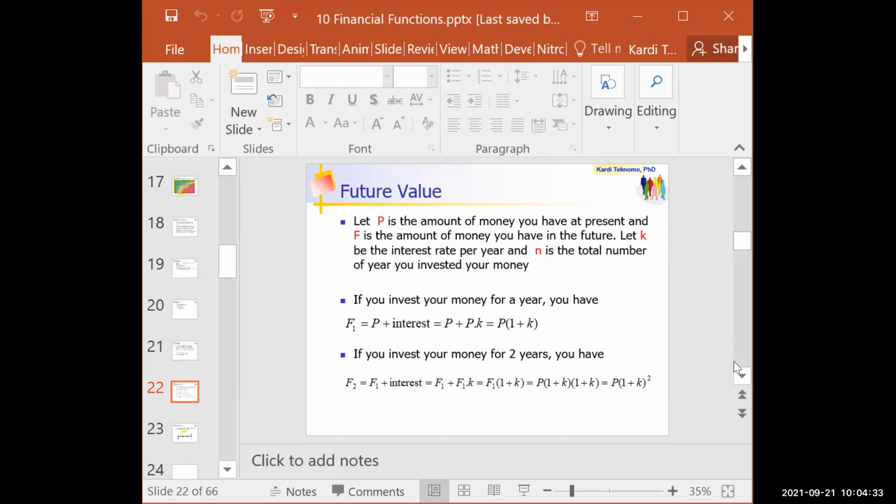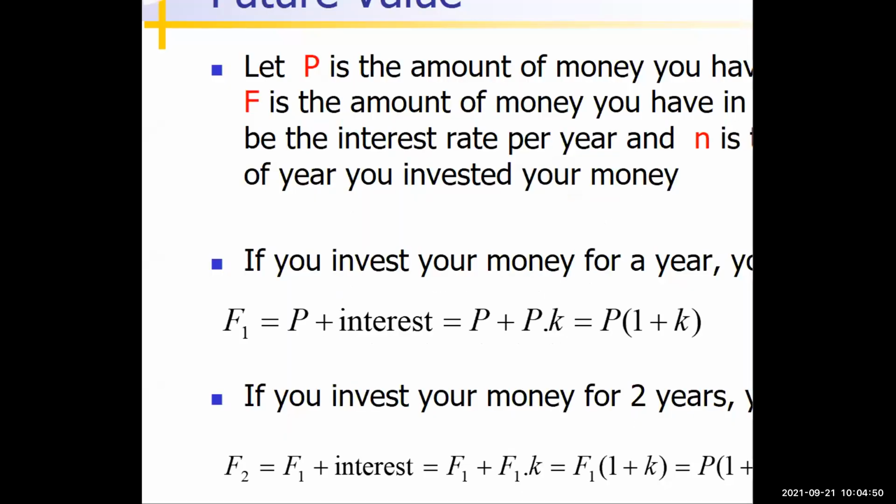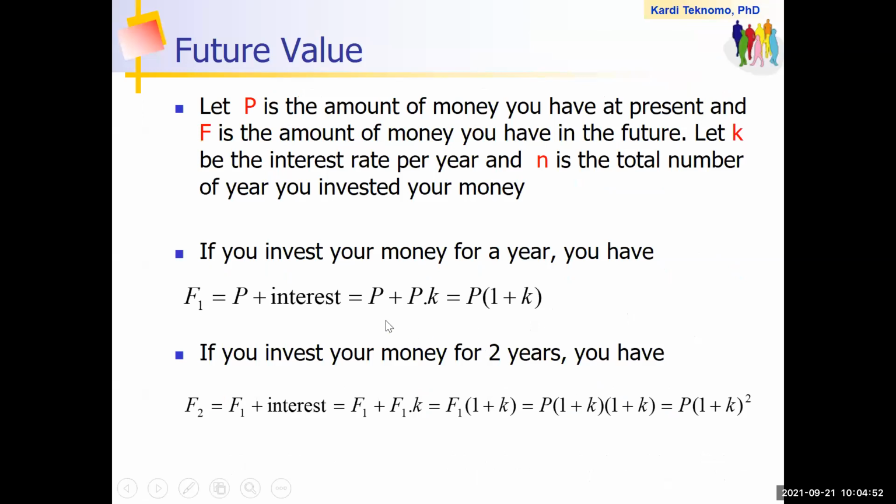So if you invest your money for 1 year, how much do you get? F1 is P plus the interest, right? That means P plus, what is the interest? Interest is P times K. So in that case, you will get P multiplied by (1 plus K).